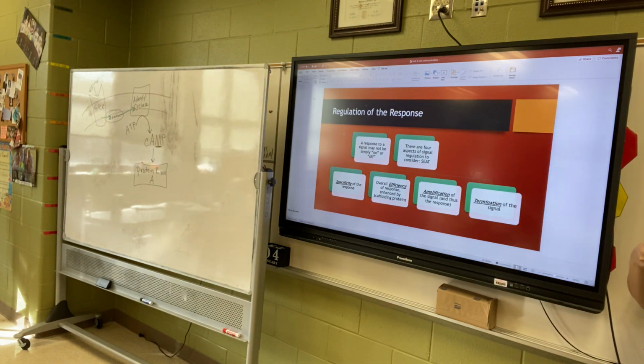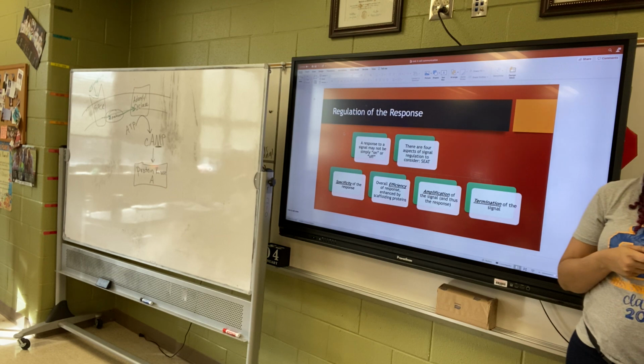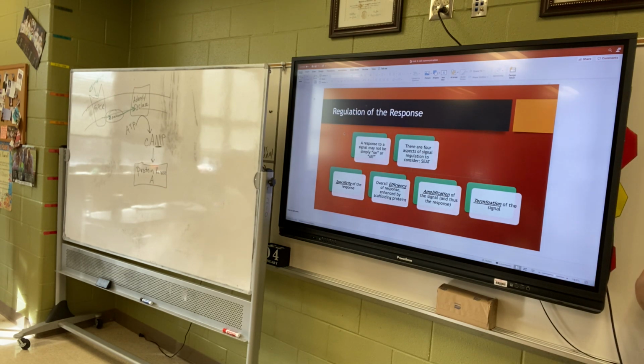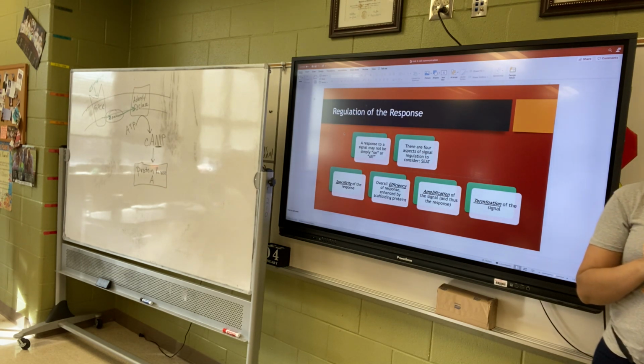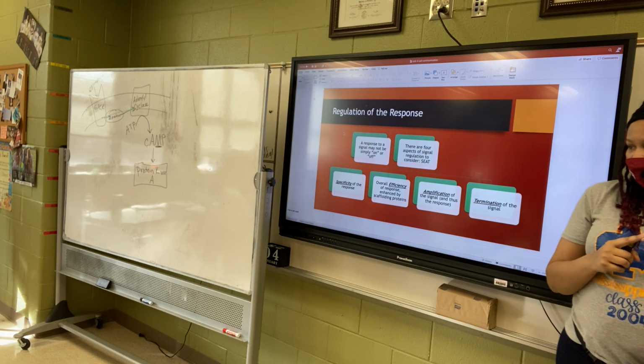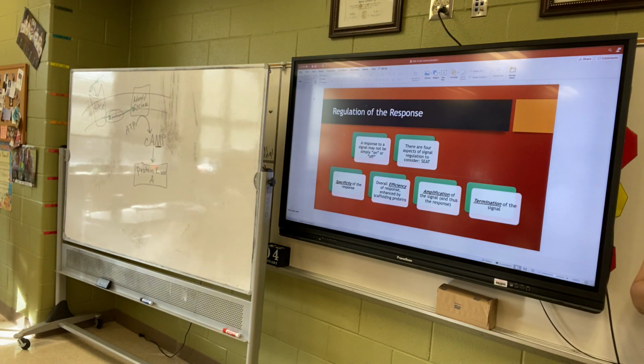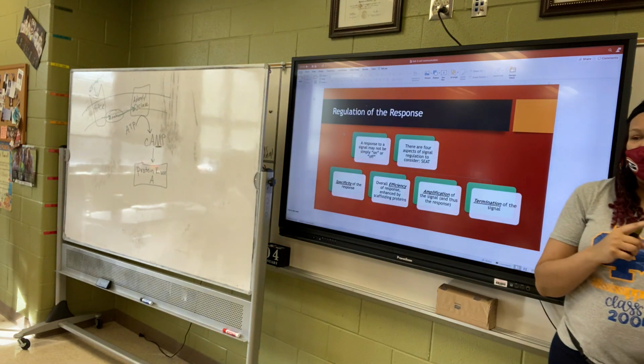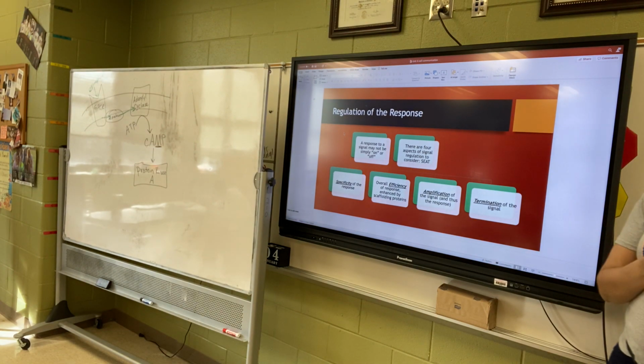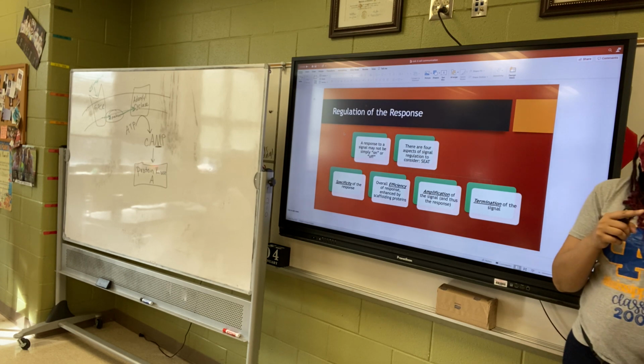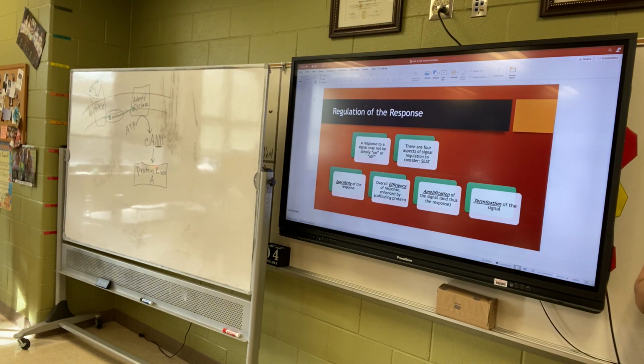Regulating a response. I call it the SEAT. S-E-A-T. You regulate the response with the SEAT: specificity, efficiency, amplification, and termination. The response has to be specific, which means if you don't have the receptor, you cannot respond. It has to be efficient, which means it needs to do exactly what it's supposed to do.